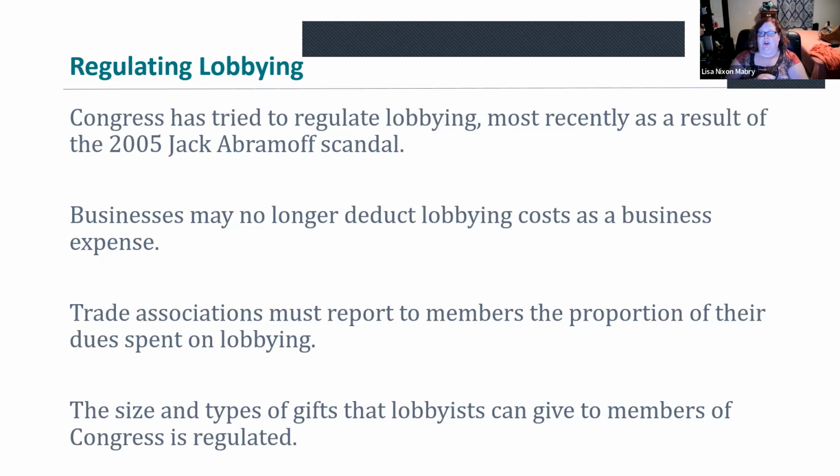They can't give large, extravagant things, take them out for a multi-$100 fancy dinner and shower them with gifts to basically buy their votes. So that was a result of this scandal. There are a lot of regulations now in place to make sure that the political process isn't impugned by this sort of thing.